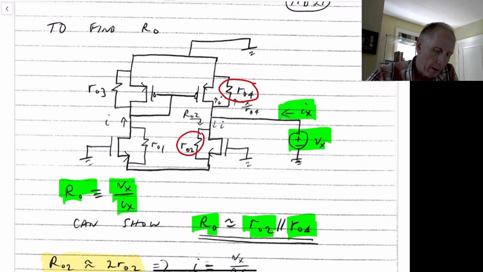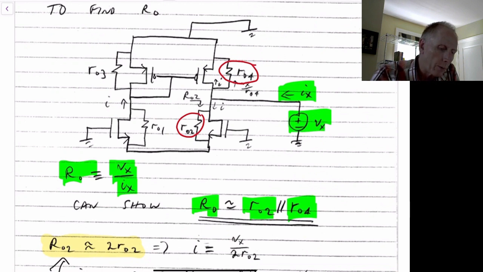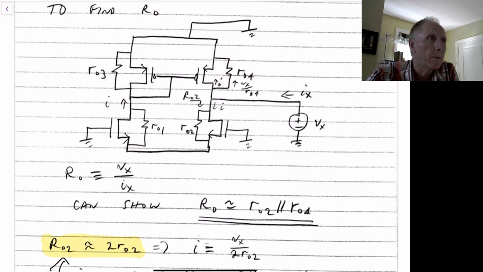Now, it seems like one simple way to explain this result is just by assuming that this node here goes to ground at the source of M1 and M2. That will give you the correct answer, but it's the wrong reasoning.